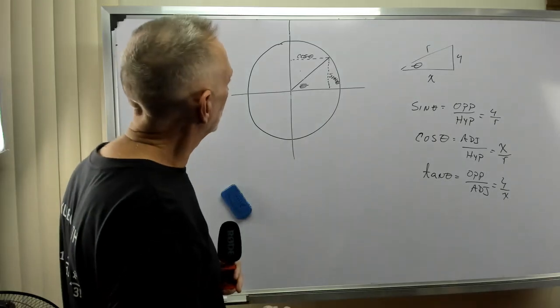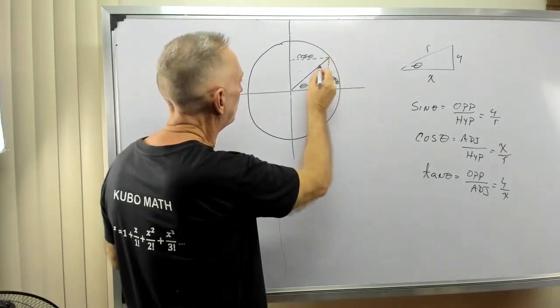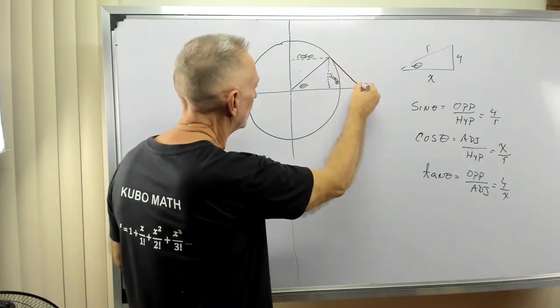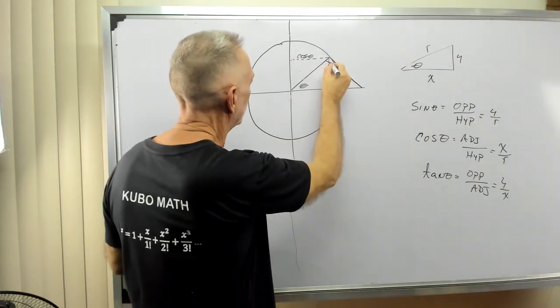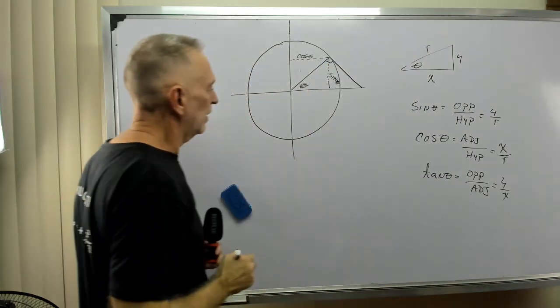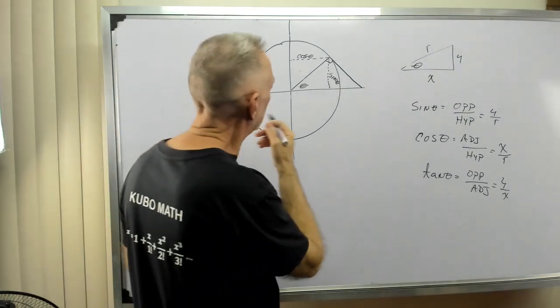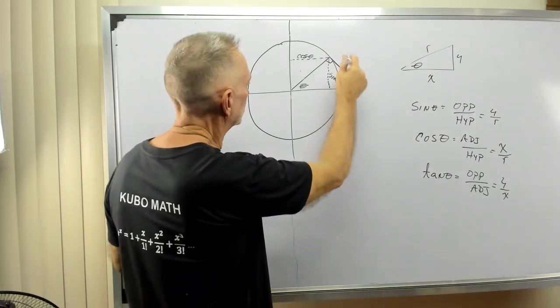Now then, what else can we do? Let's say we draw a line perpendicular to that radius. So I have a 90-degree angle right there. All right, we can now use similar triangles. Let's say we want to find this distance here.